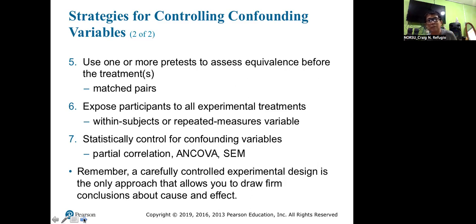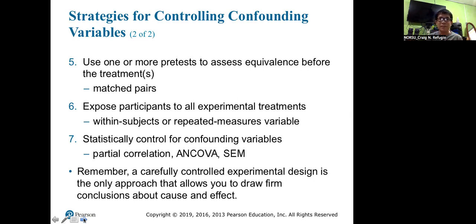Statistical control for confounding variables. We have partial correlation, which is used for determining the confounding variable effects. We have the ANCOVA, the analysis of covariance, and the SEM, the standard error of measurement. In basic research and basic statistics, you could not actually have these as topics that you would have better understanding of.